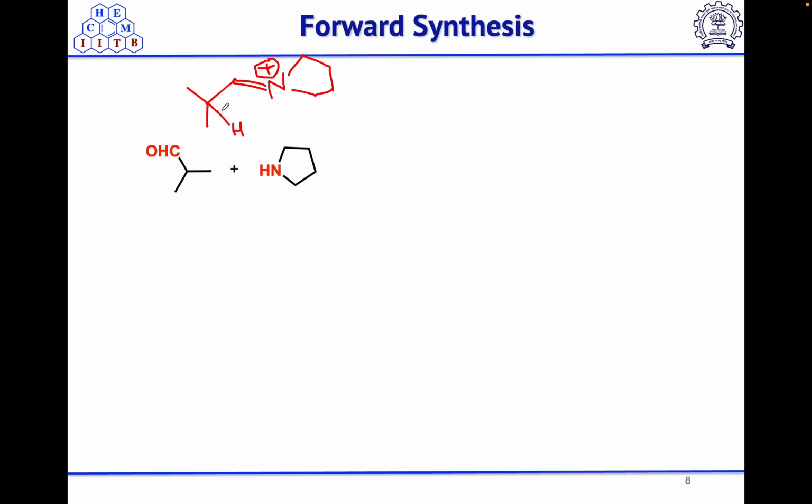This hydrogen will be lost, the C-H bond will break, and the electrons will fall to nitrogen, and nitrogen becomes neutral. So it will produce this enamine. So pyrrolidine and this isobutanaldehyde will give this enamine.